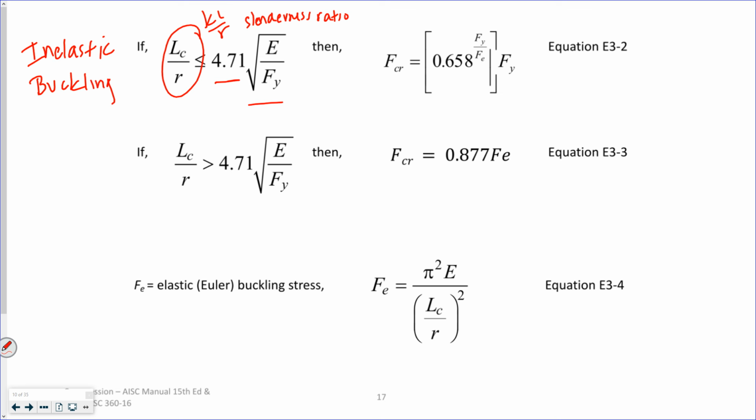And I calculate my critical stress using this equation. And if I have a high slenderness ratio, then I'm more likely to buckle before I have any yielding. So I have elastic buckling.